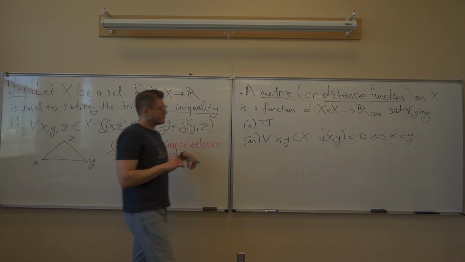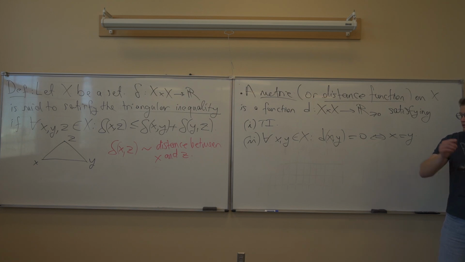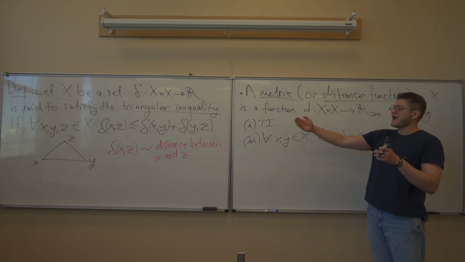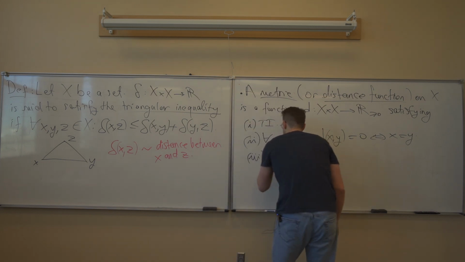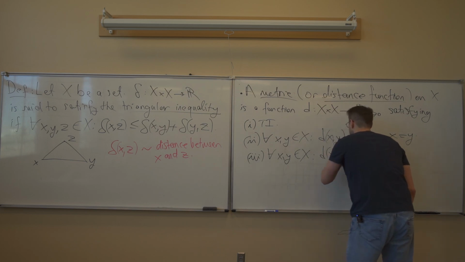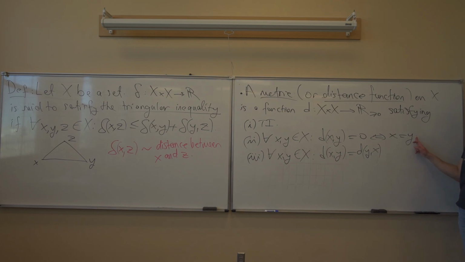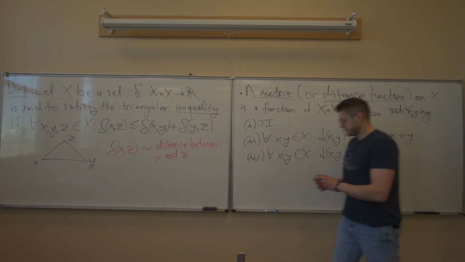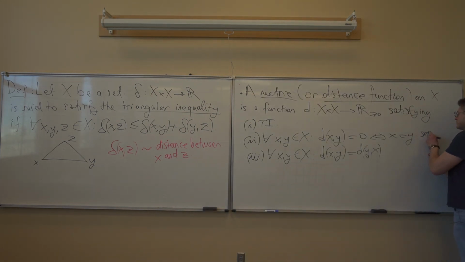And then the third one, of course, is that the distance from one point to the other should not matter in which direction you're measuring. So the distance from x to y should be the same as the distance from y to x. This is called the separation axiom. This is called the symmetry axiom.